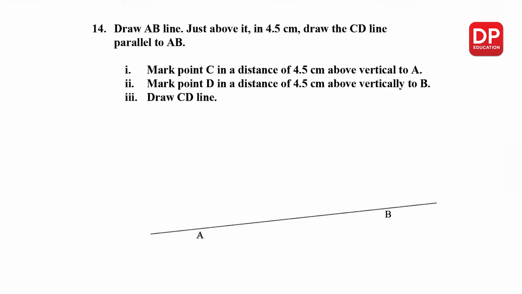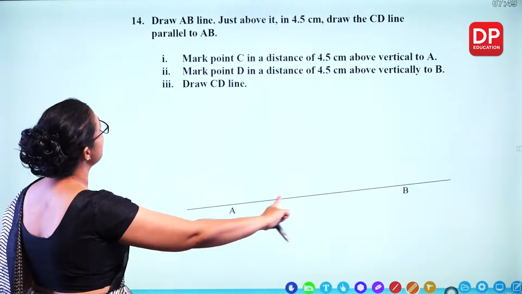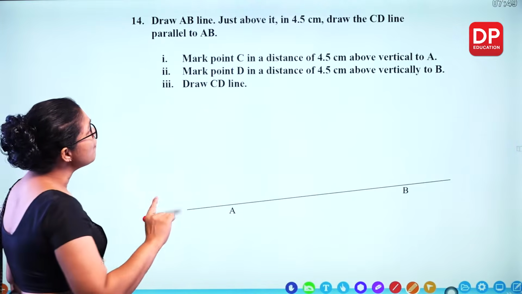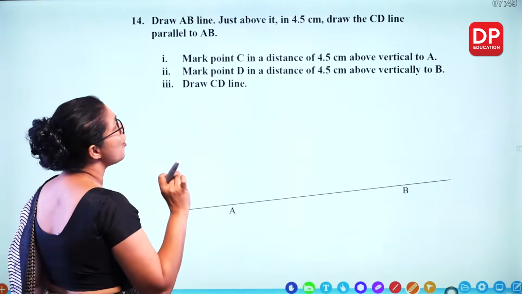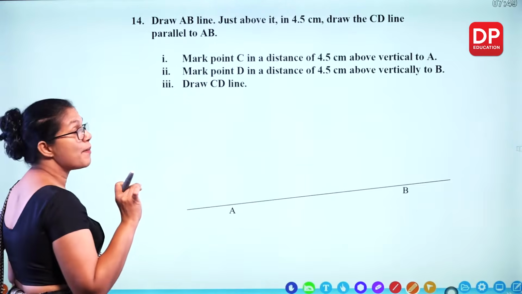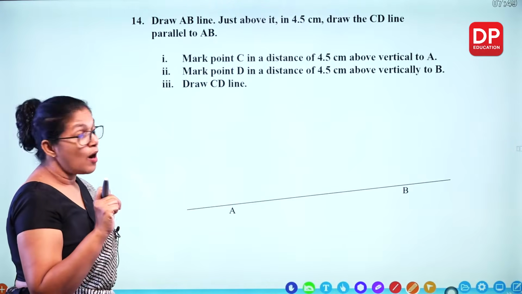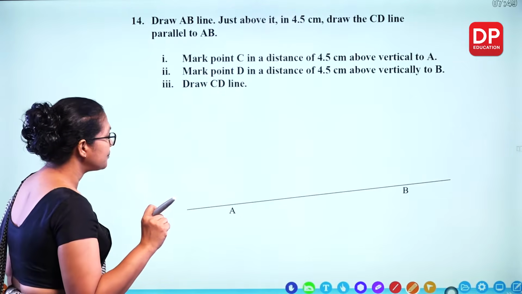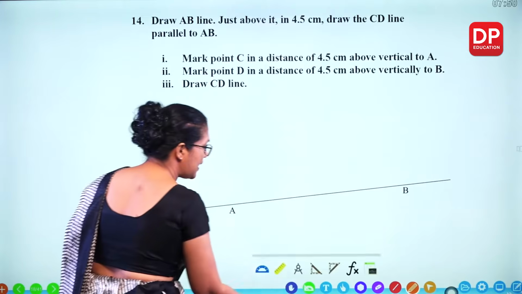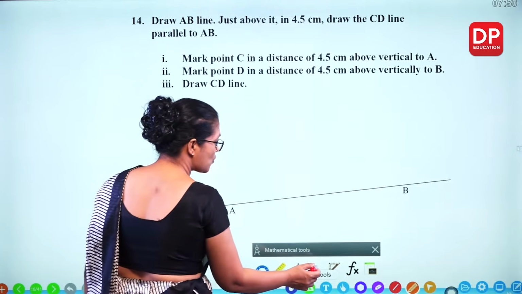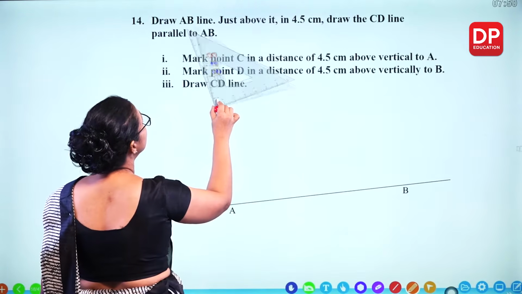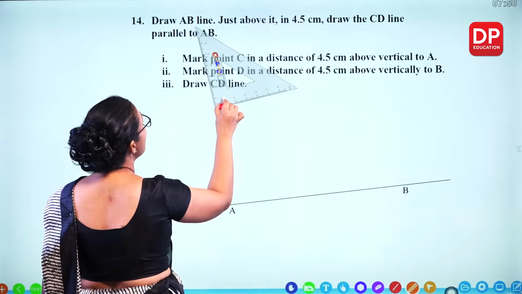This question, draw AB line. So that's AB line. Just above it, in 4.5 centimeter, draw the CD line parallel to AB. Now, the distance is given, so you need to measure that. So first we'll take the set square. So you need to draw above the line.